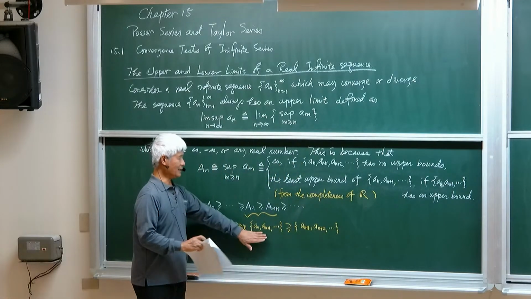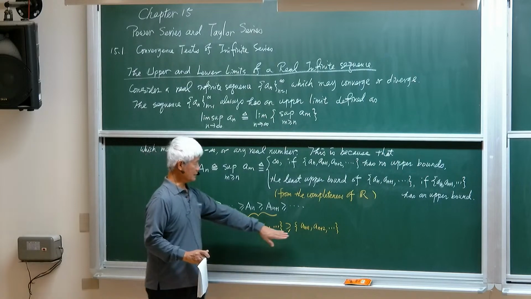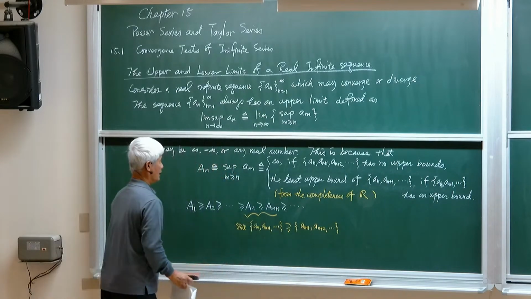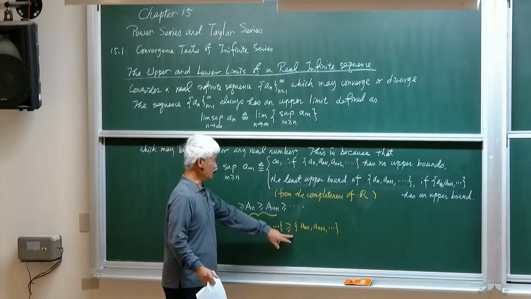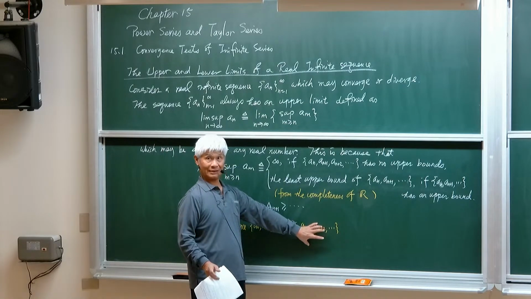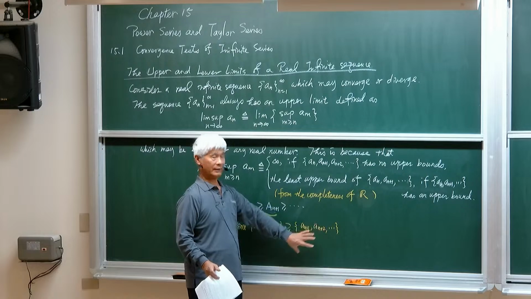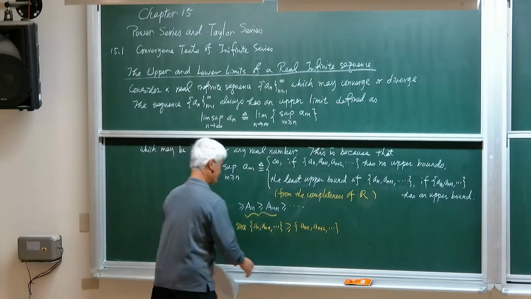So this set is bigger than this set, essentially. So the least upper bound of this set will be greater than or equal to the least upper bound of this smaller set. So we have that.